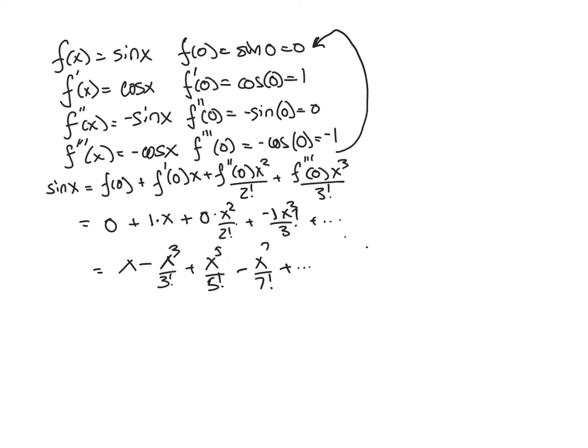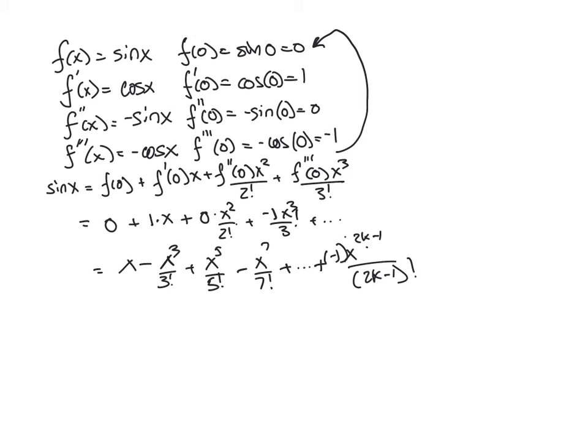And in general, the kth term is going to be something like x to the 2k minus 1 over 2k minus 1 factorial. And now let's figure out how to handle the alternating plus and minus. Well, you want negative 1 to a power.